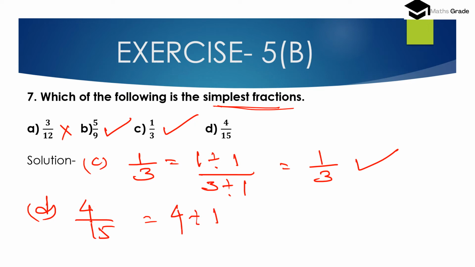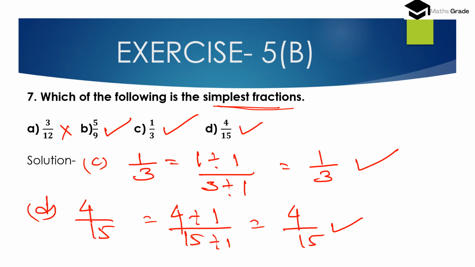The highest common factor between 4 and 15 is 1. So we have to divide the numerator and denominator, 4 and 15, by 1. So this is 4/15, and 4/15 is in the simplest form.